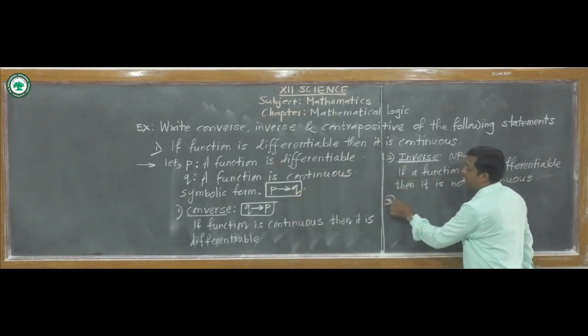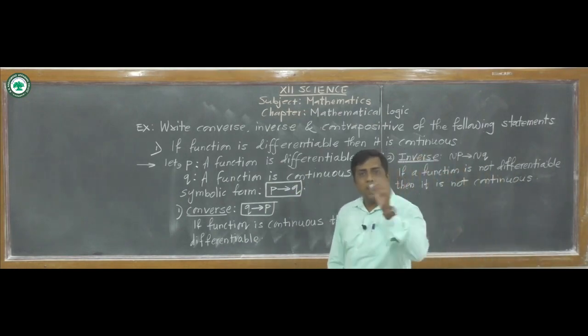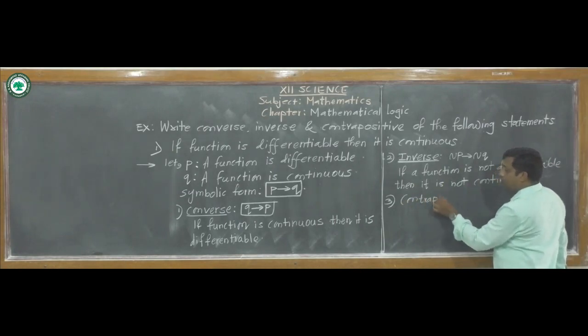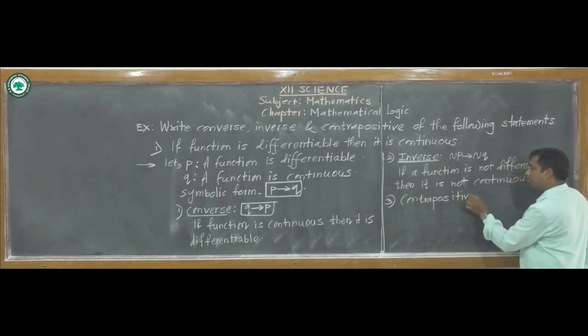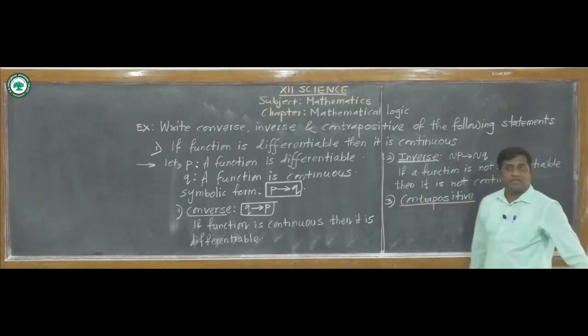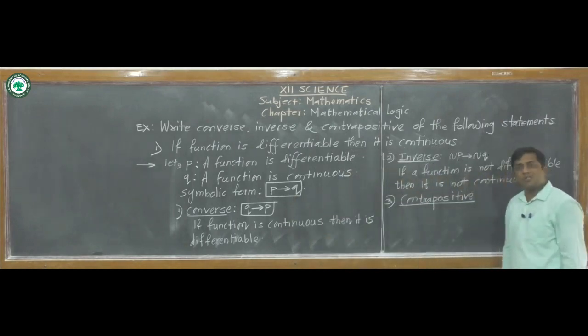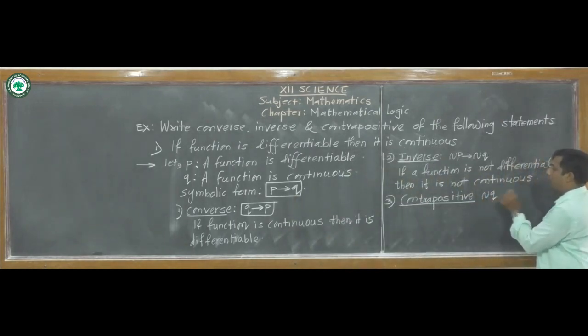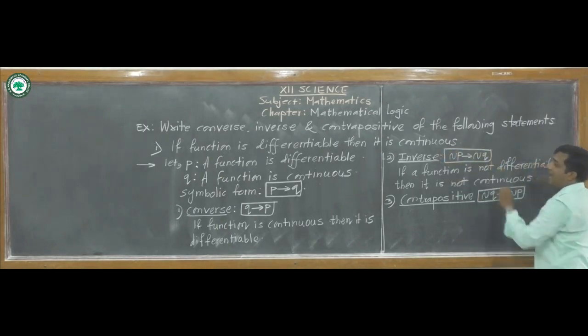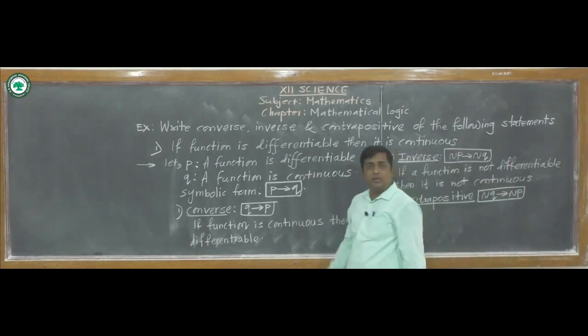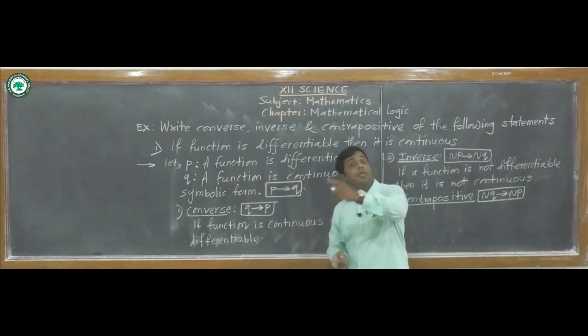Then in third we define the contrapositive. If P implies Q is the given relation, then its contrapositive is negation of Q implies negation of P. Again we consider negation of P and negation of Q. Negation of Q is a function is not continuous.